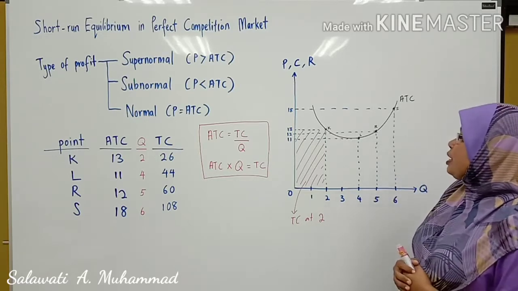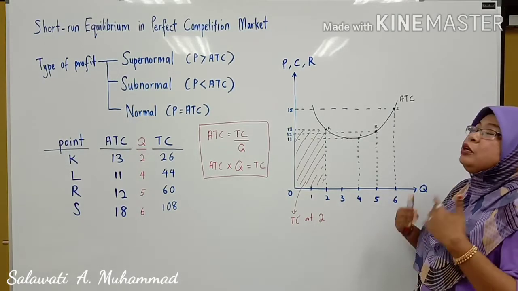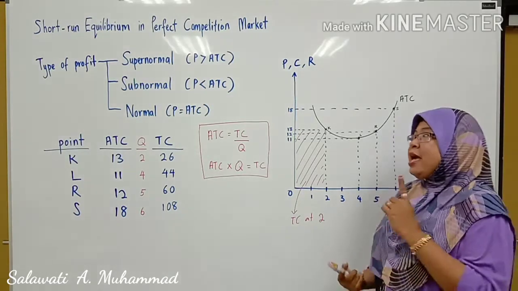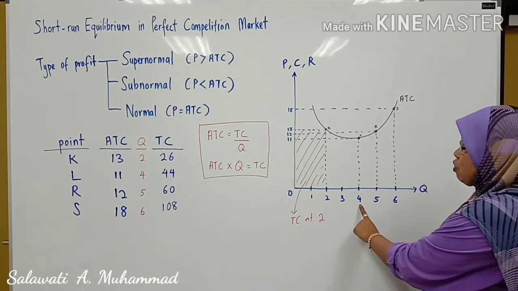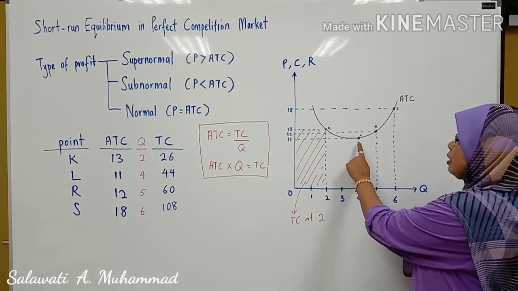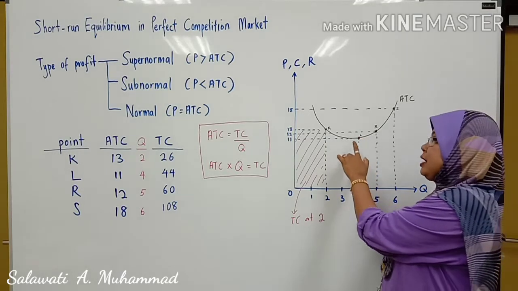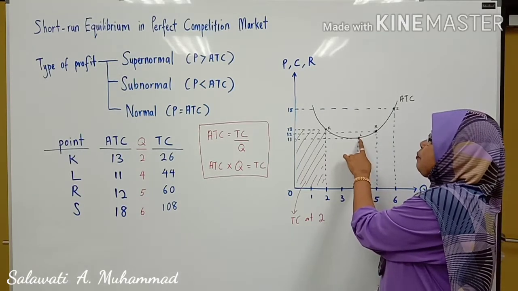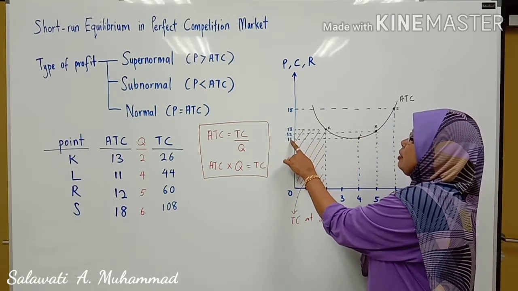When the question asks you to calculate the amount of total cost at quantity 4, you need to calculate at point L. Total cost at point L is represented here.